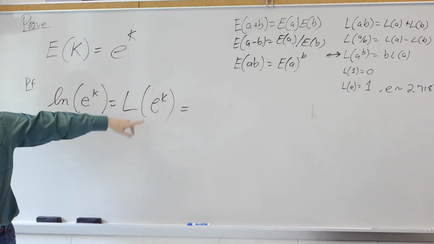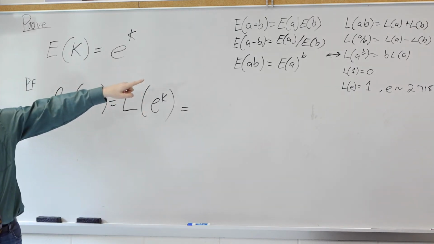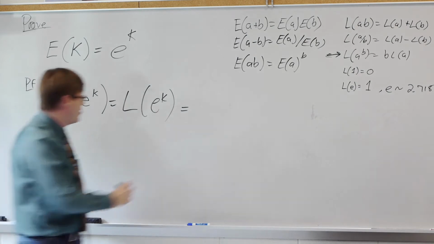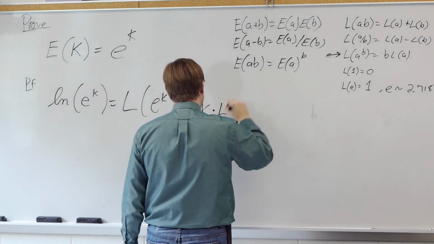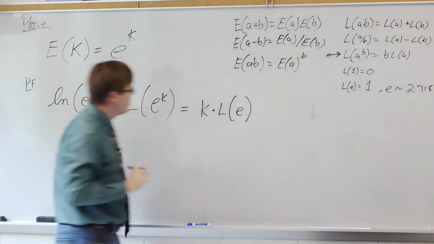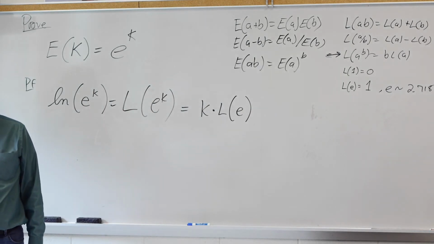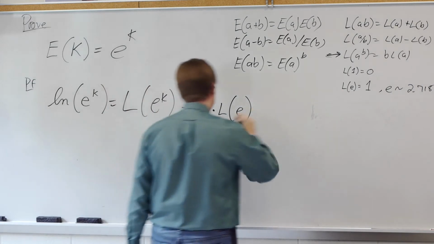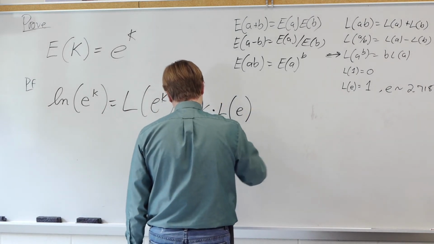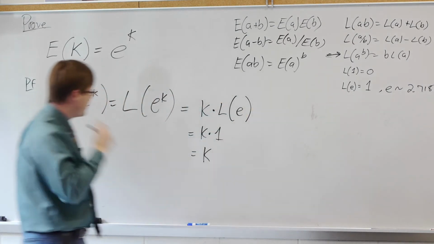But what is capital L of e to the k? k times, right. But what's L of e? 1. So this is k times 1, which is k.